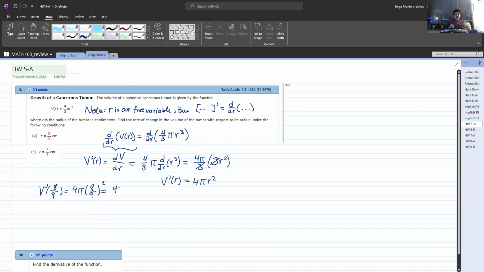We square both the numerator and the denominator, and we get 64 divided by 81. Can we do any more canceling? No, we can just multiply 4 times 64. That is 240 plus 16, 256. 256 pi divided by, oh, sorry.